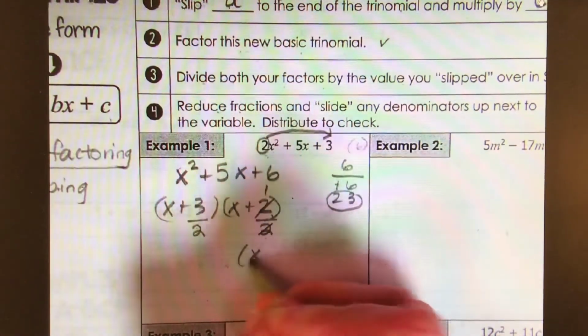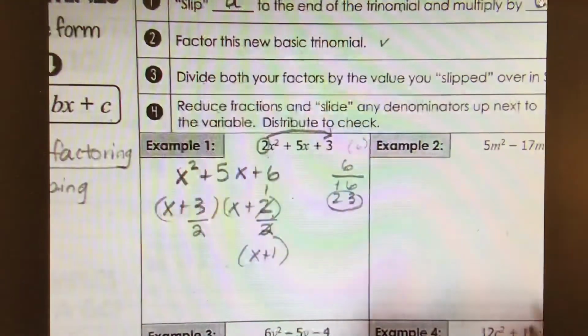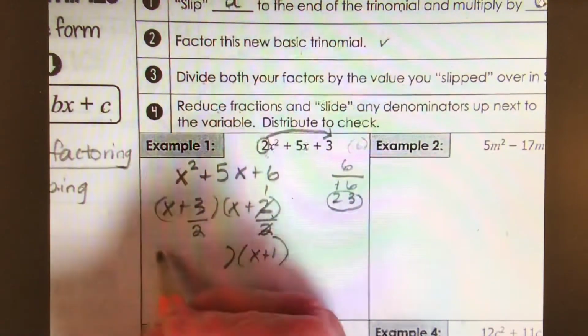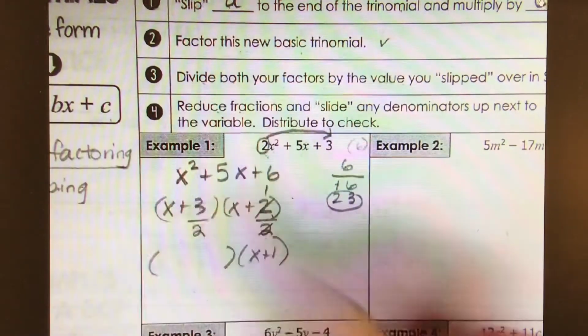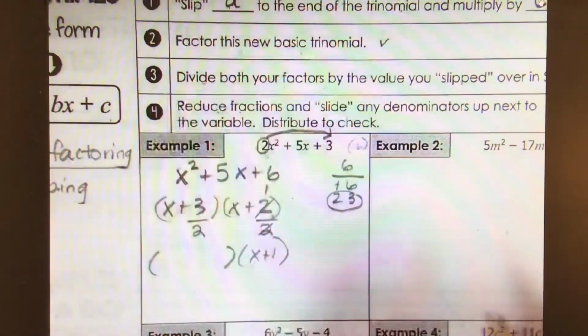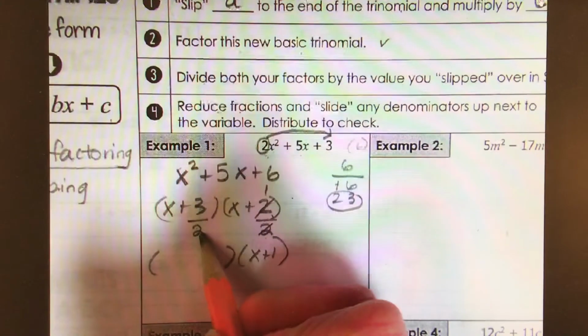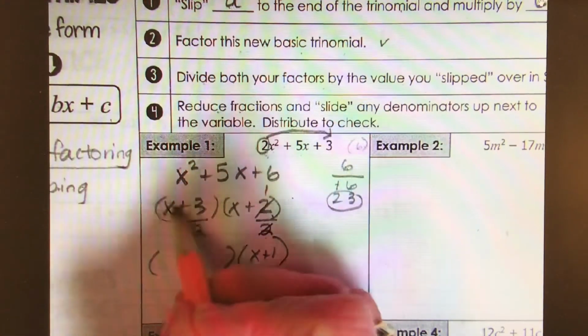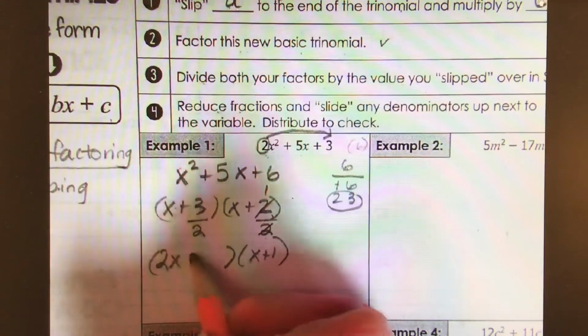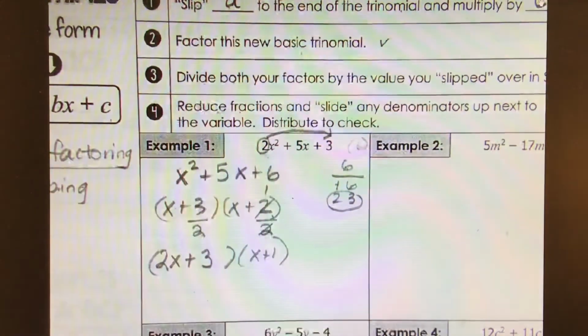So here, x plus 1 goes down here. Now, on the left side, this is as simplified as it gets. If you can't simplify it anymore, then you multiply the 2 back over here plus 3. And that is your answer.